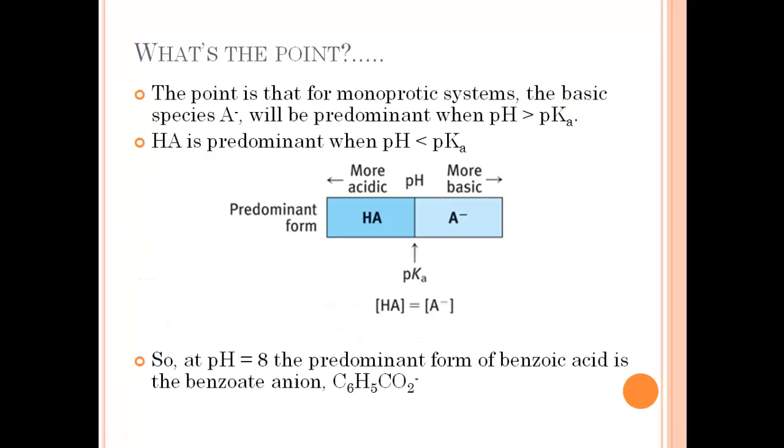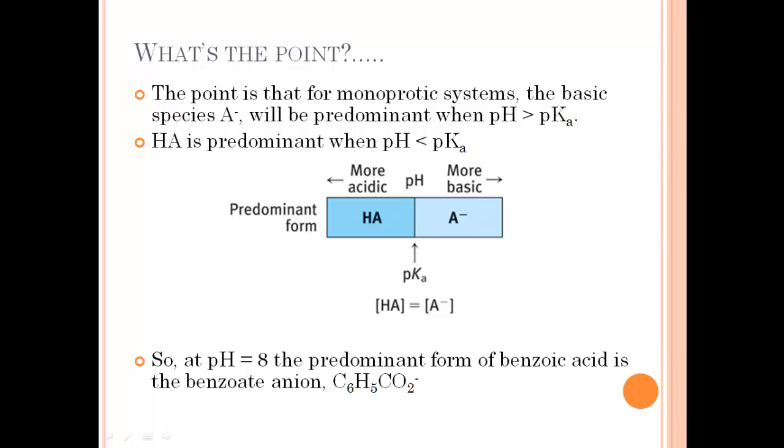So what's the point of this? The point is that for monoprotic systems, the basic species A minus is going to be predominant when pH is greater than pKa. The pH that they gave you was 8 for benzoic acid, and it was greater than the pKa, which was 4.20. So that means that the benzoate ion, or the A minus form, is going to be predominant.